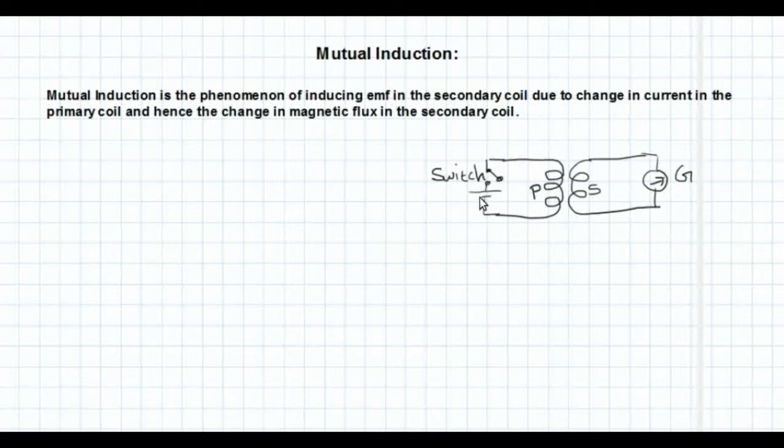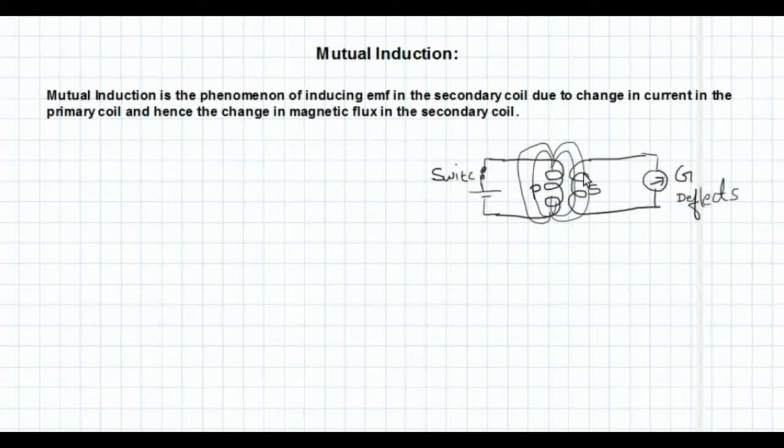So when we close the switch, there is a gradual increase of current from 0 to a maximum value, and as a result there will be a gradual increase of magnetic flux which will be linked with the secondary. So this is how slowly the magnetic flux is increasing, right? And this coil is linked with this magnetic flux, and slowly the magnetic flux linked with this coil will increase, right?